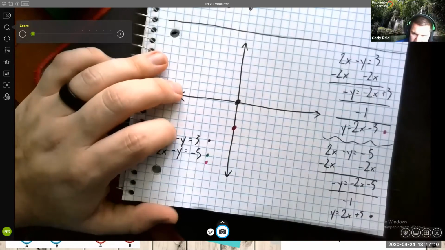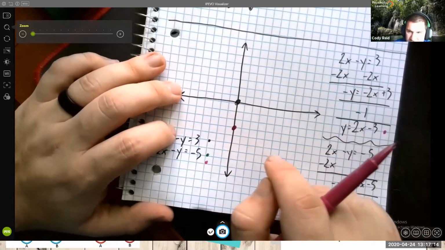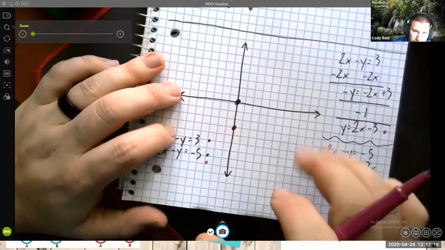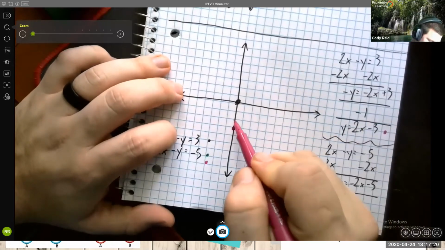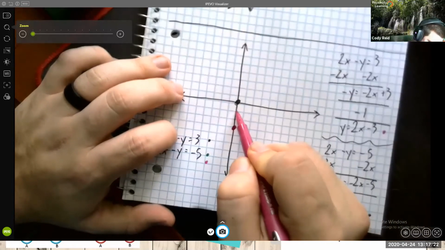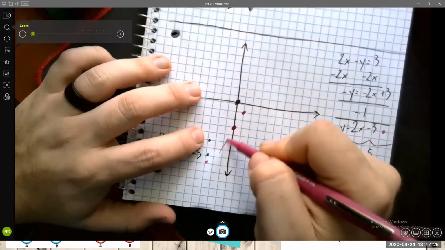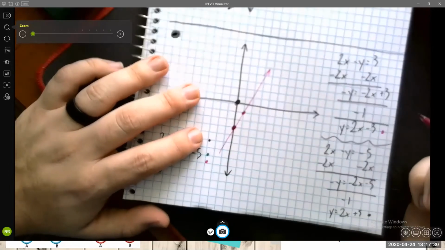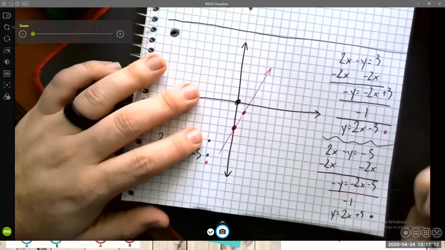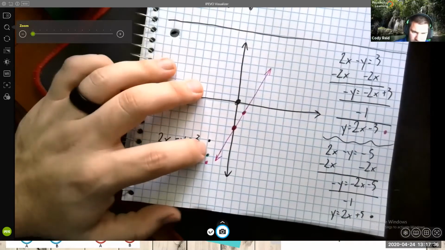That's where I'm gonna start at. And then because our slope is 2x, that tells us we're gonna go up 2 over to right 1, because it's 2 over 1. So if the 2 is negative, we would go down and then to the right. Yep. Okay. All right, so there's that line.